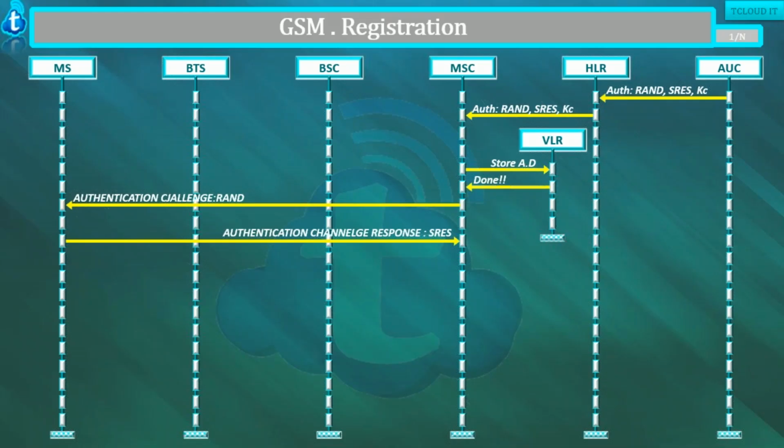By using this random number, we are able to change the output every time. So we can validate the mobile multiple times, every time with a new random number. With every new random number, the output SRES will be different. But nobody will be able to guess the Ki value with this random number.